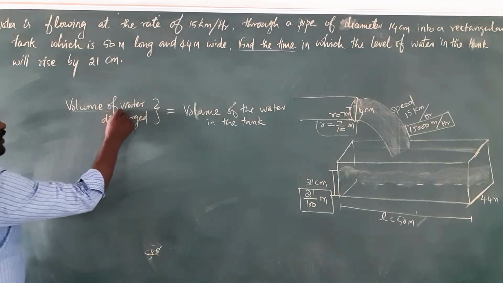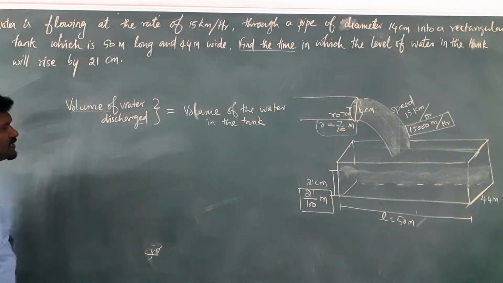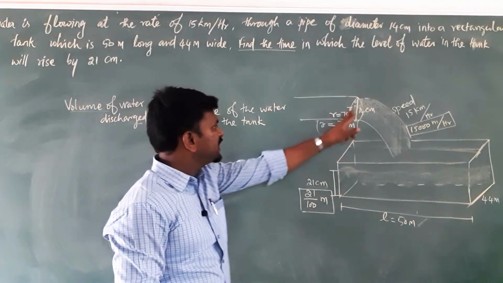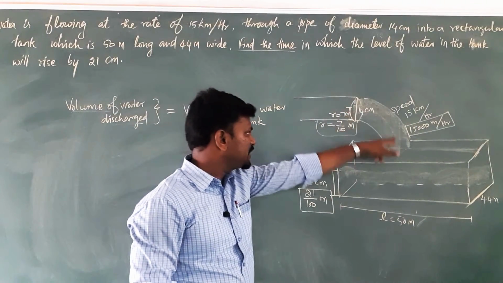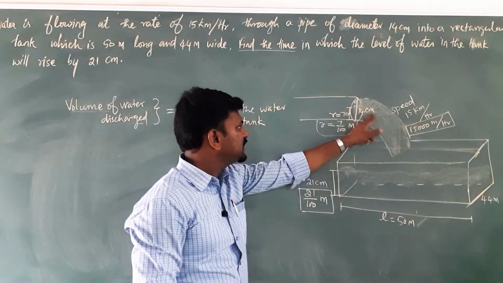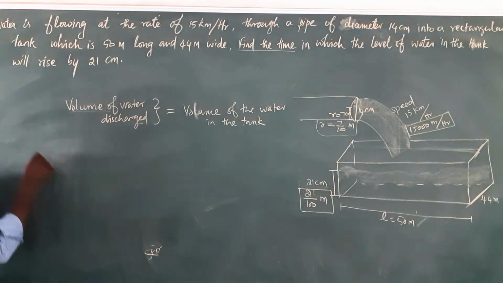So volume of water discharged is based on the cross section of the pipe, then speed of the water, then the duration, time.